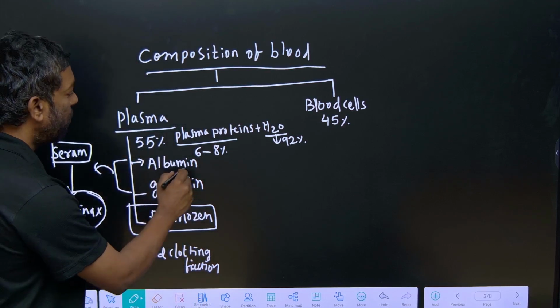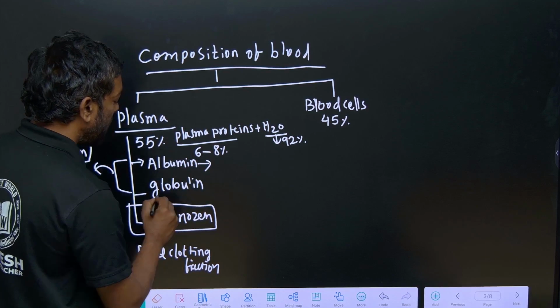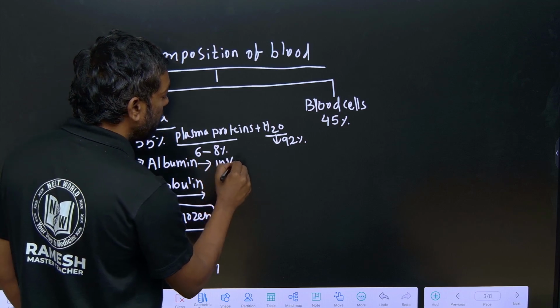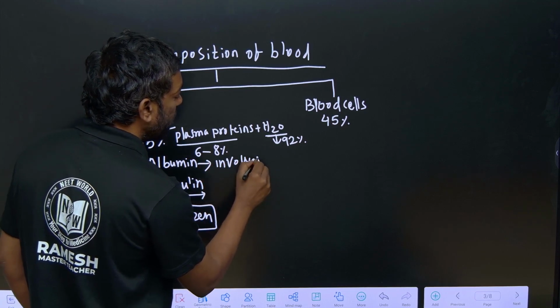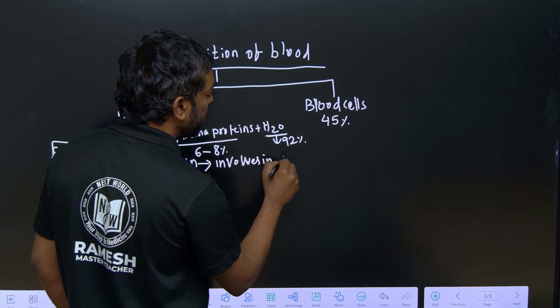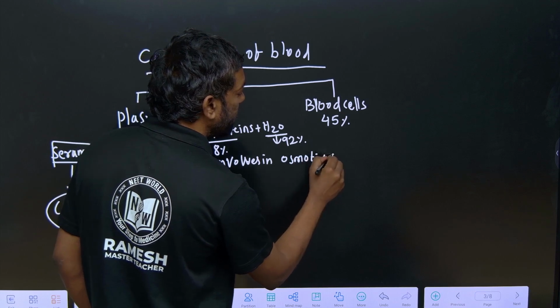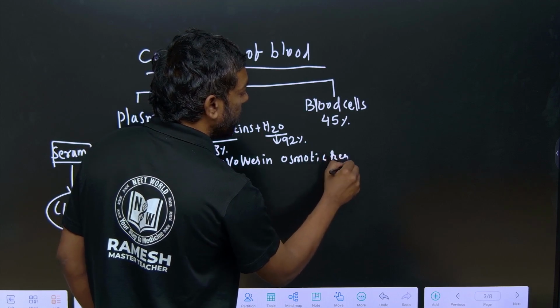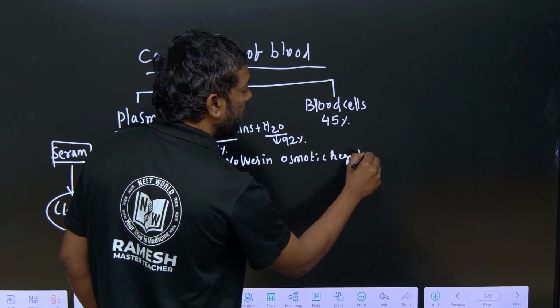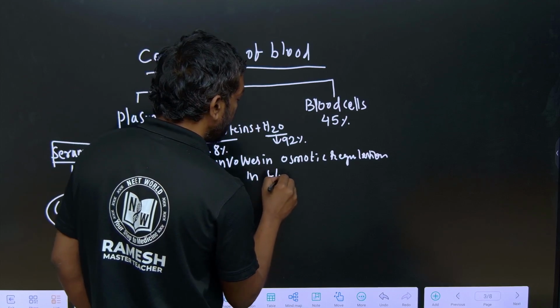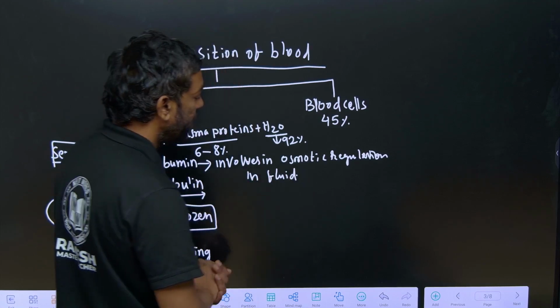What about albumin and globulin? Albumin is involved in osmotic regulation in the blood fluid.